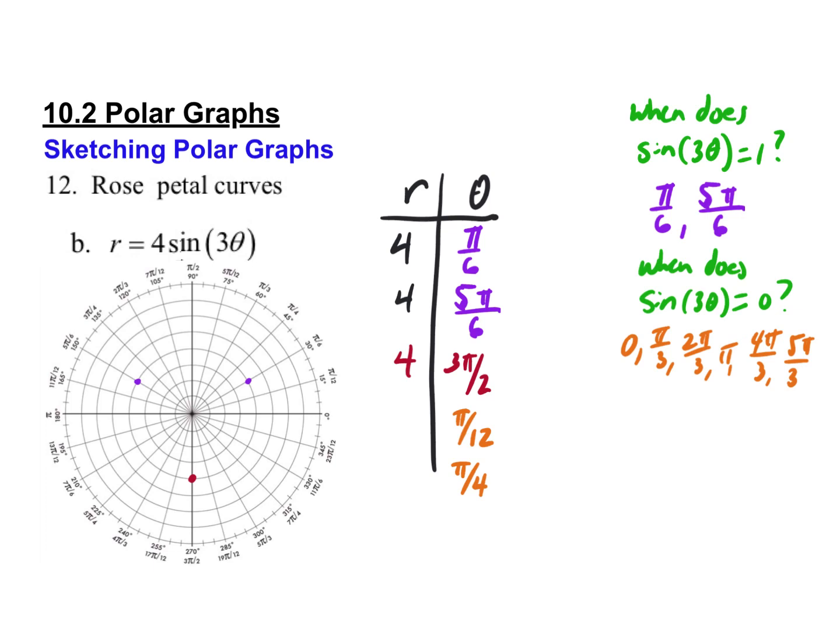Well, 3 pi over 4 is 135 degrees. Sine of 45 degrees. Those sines have the same value because y is positive, right? So y is positive here, y is positive here. So when I plug these in and I get pi over 4 and 3 pi over 4, these values will be the same.